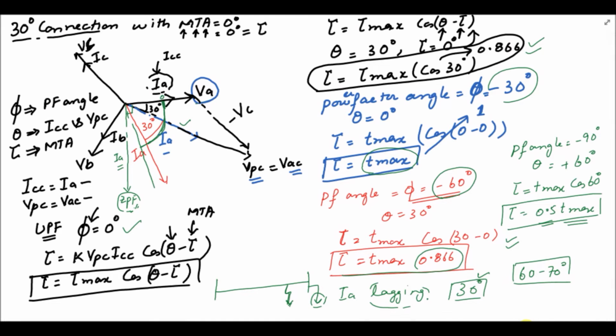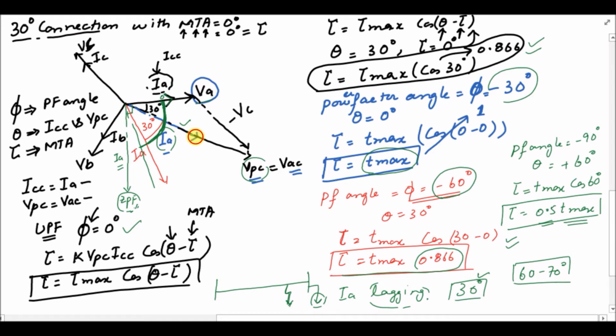So in that case, if the current is somewhere in this region and your maximum torque angle is actually this one, maximum torque angle is this one, tau is equal to 0, means IA and VPC are in phase.